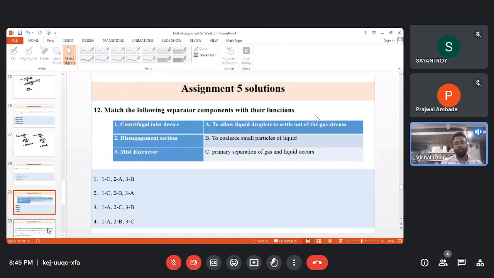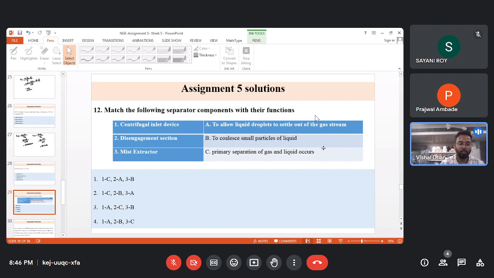Match the following separator components with their functions. On the left side, there are number 1, centrifugal inlet device, number 2, disengagement section, and number 3, mist extractor. On the right side, option A is to allow liquid droplets to settle out of the gas stream, option B is to coalesce small particles of liquid, and option C is primary separation of gas and liquid occurs.